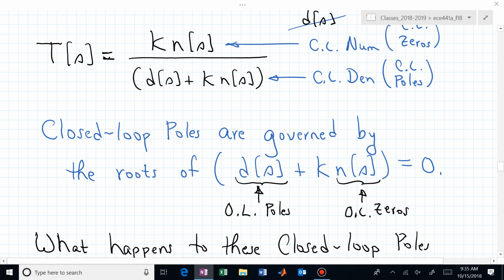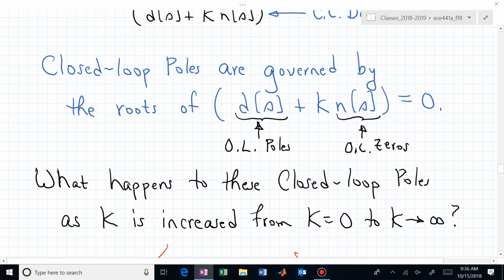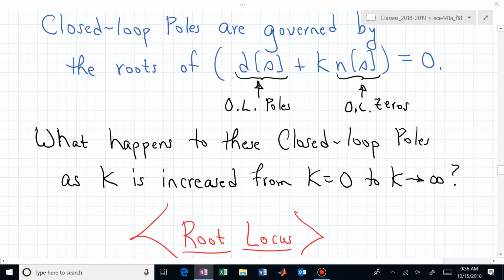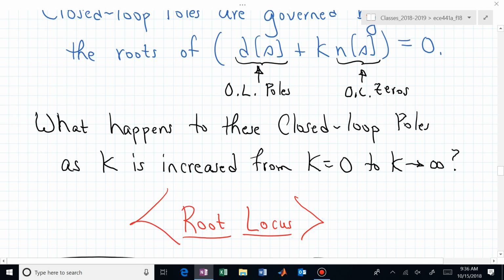What we want to do now, after exam 2, is learn how to just give a K and get all these different patterns, or these different locations for the poles. And what we want to do then is examine this locus of points as K goes from 0 to infinity. And that's the root locus. That's the locus of these closed loop roots or closed loop poles.